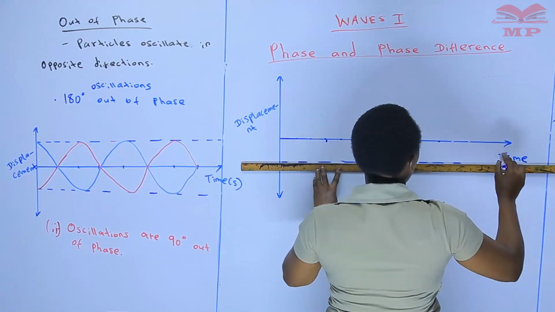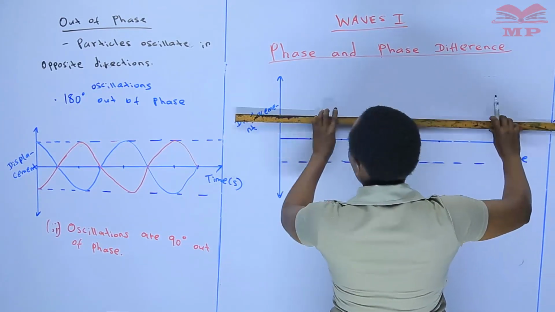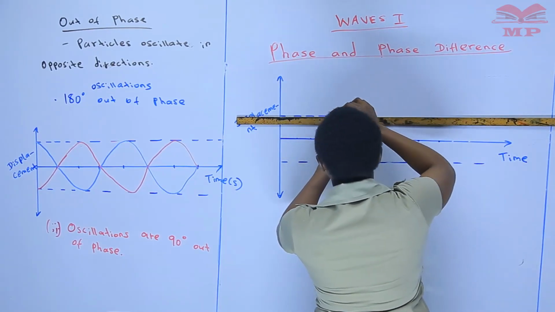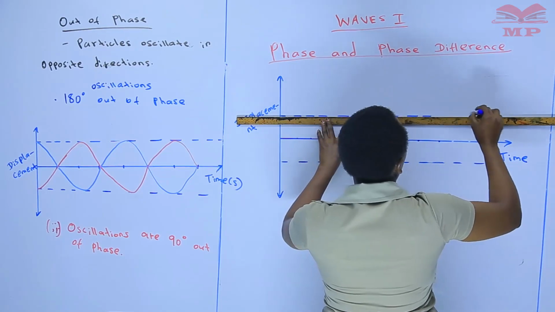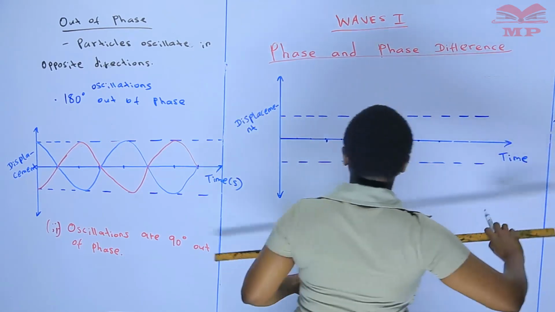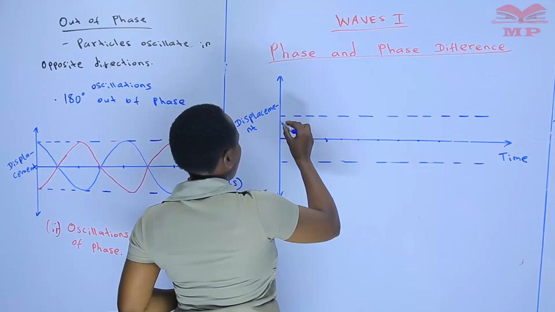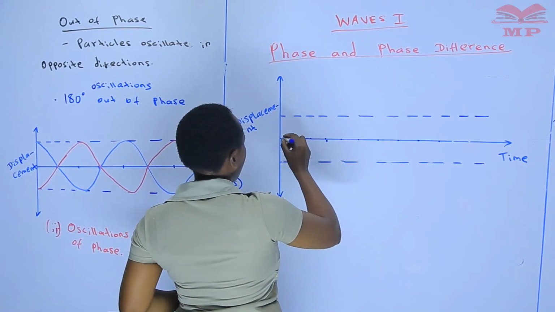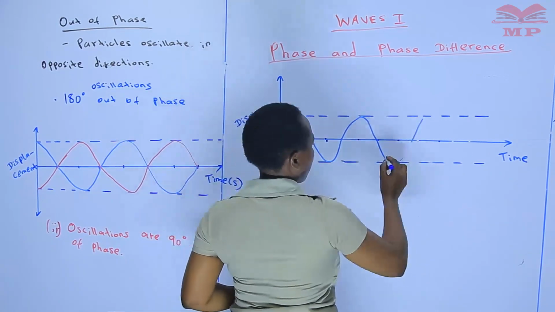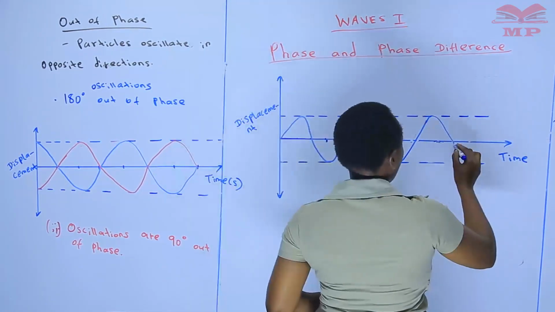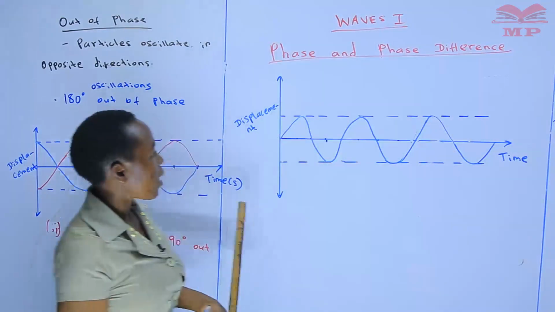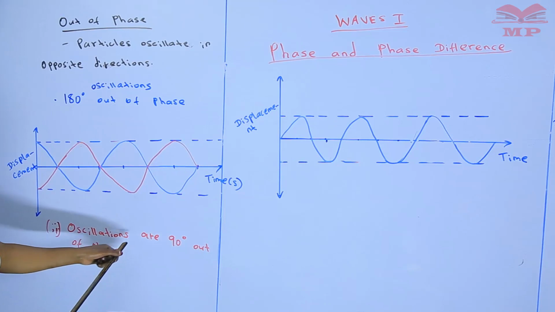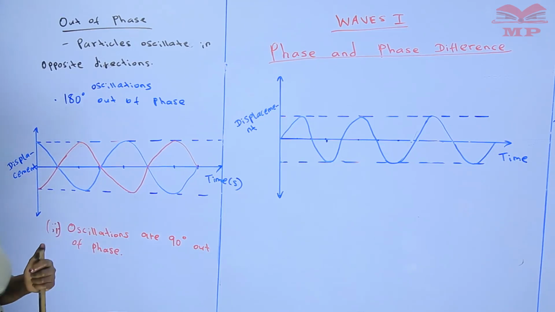Whenever you are drawing a wave, always mark the lower and the upper part so that they are of the same amplitude. For example, if I have a wave like this one here, you can have such, and then you draw some oscillations which are 90 degrees out of phase.